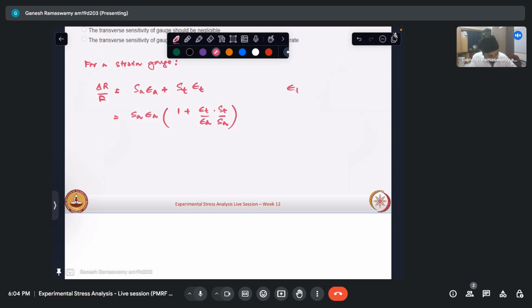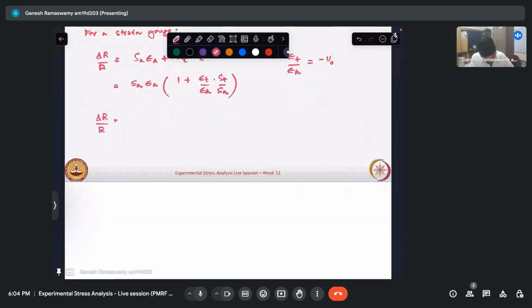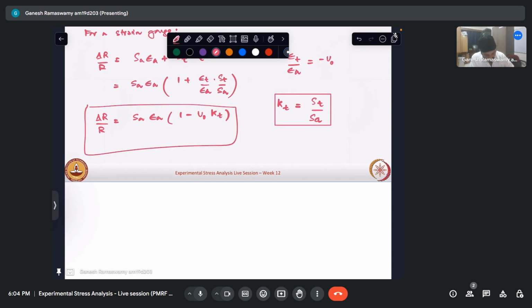Now we know that epsilon T by epsilon A is given as minus mu naught. So this implies delta R by R is Sa epsilon A into 1 minus mu naught Kt, where we define the transfer sensitivity Kt as St by Sa. This expression is fundamental to measuring strain using strain gauges.